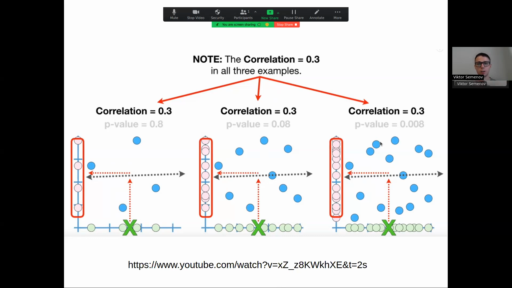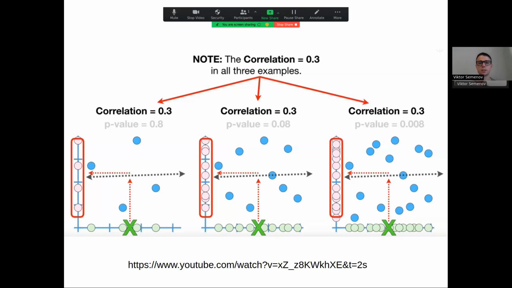But in these 3 examples, the p-value for the correlation coefficient is, in one case, 0.8, in other words, non-significant at all, and in another example, 0.008, which means highly significant. It means that the p-value for the correlation coefficient depends highly on the sample size. This is the first conclusion that you can draw from this slide.